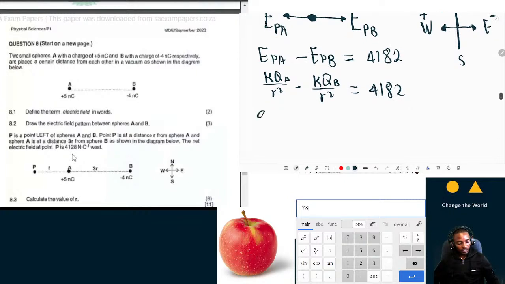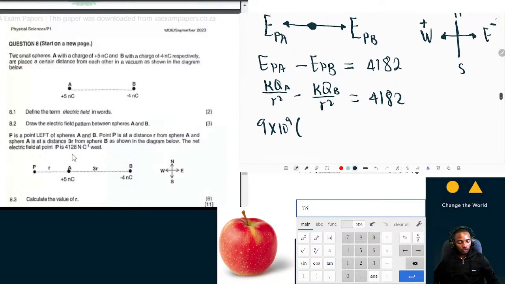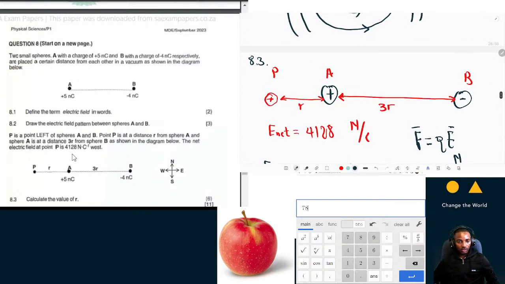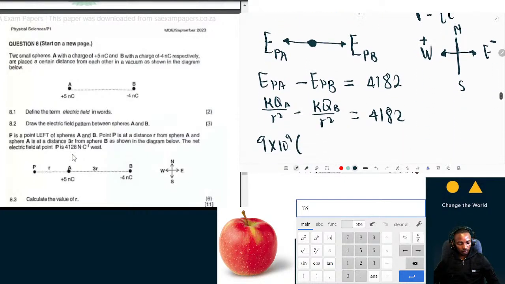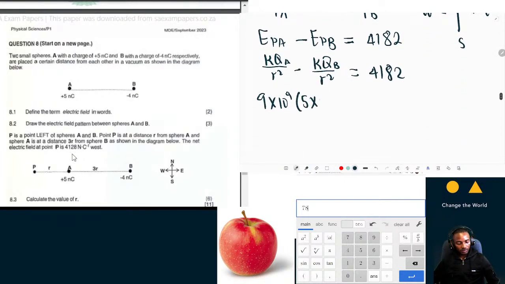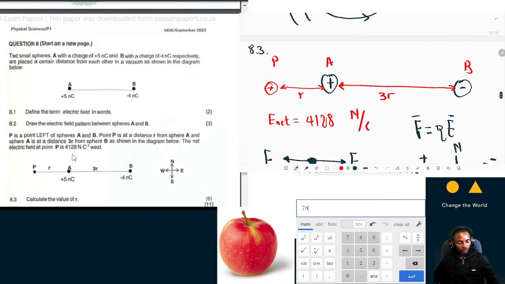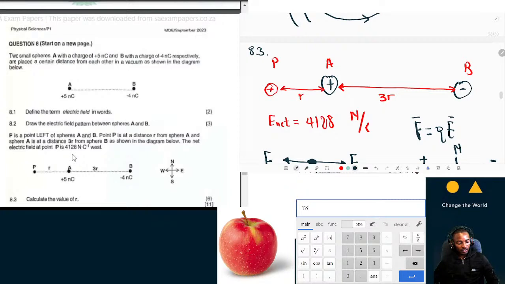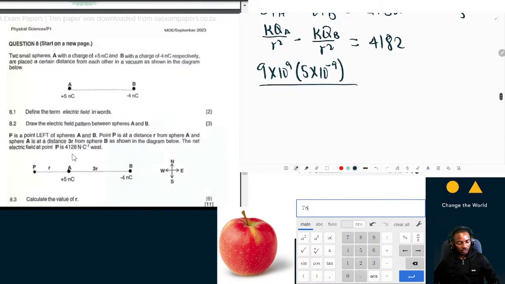What is K? K is 9 times 10 to the power 9. What is QA? QA is 5 nanocoulombs, which is 5 times 10 to the power minus 9 to change to scientific units. The separation between charge A and point P was given to be R, so we need to square that R. So R squared.